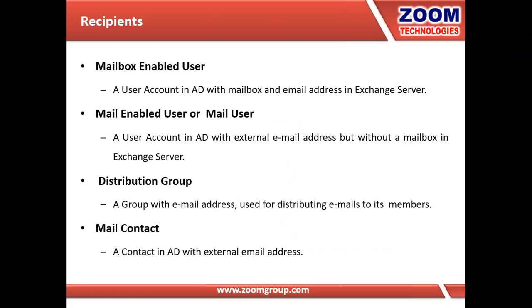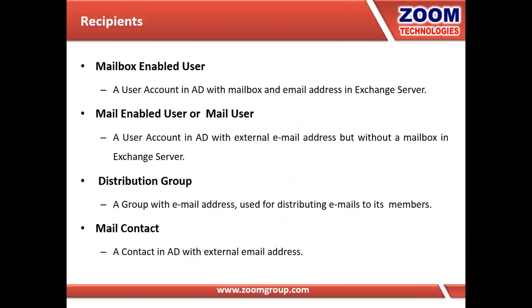One more recipient we have is called a distribution group. A distribution group is designed only to distribute emails to its users. That means it is a group with an email address used for distributing emails to its members. Whenever you want to distribute one common email within the department, a distribution group is recommended.